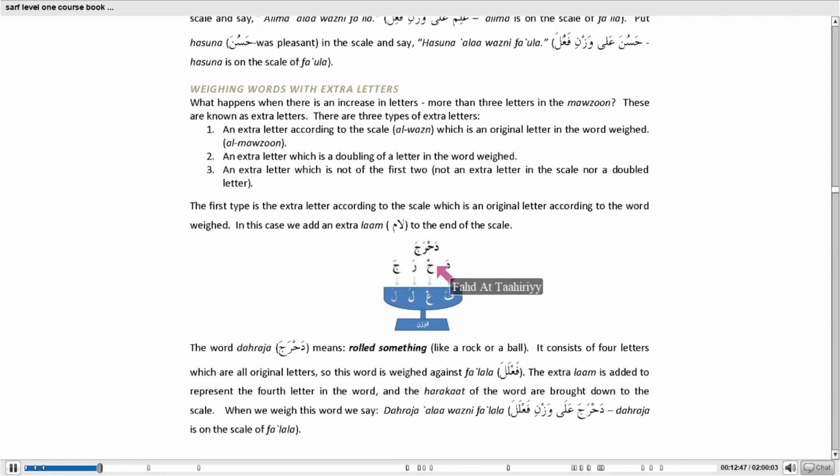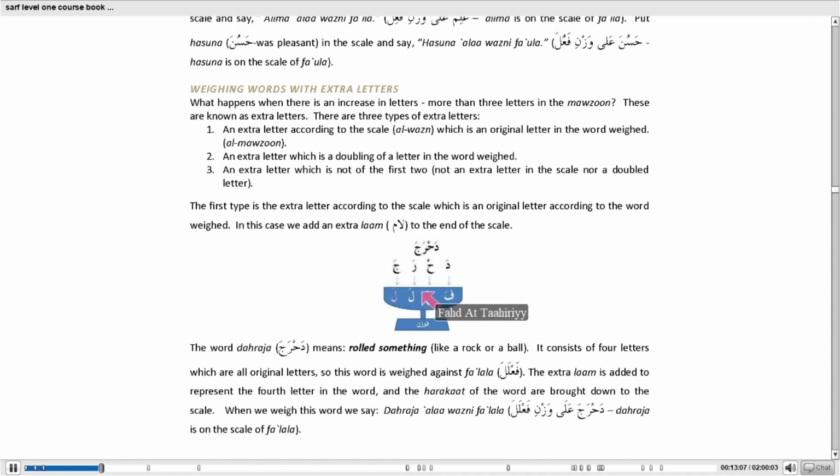Then the second in order is the ha. So we're going to place the ha on which letter in the scale? On the ain. Thus we're going to call it the ain of the word, ain al-kalima.